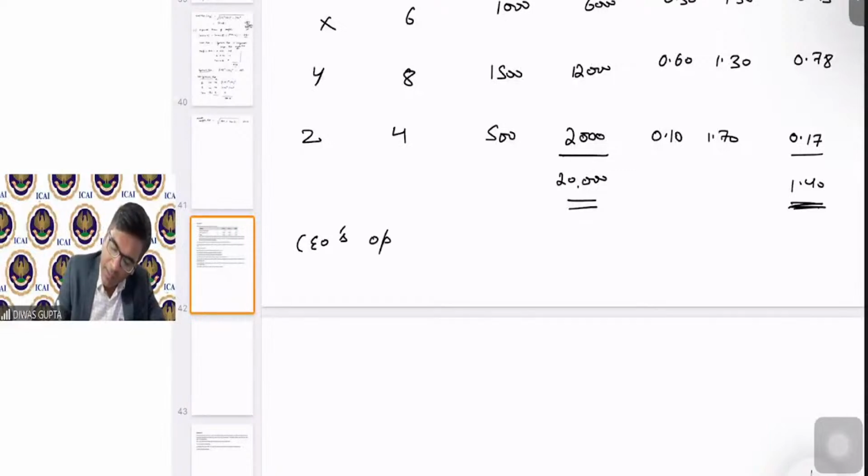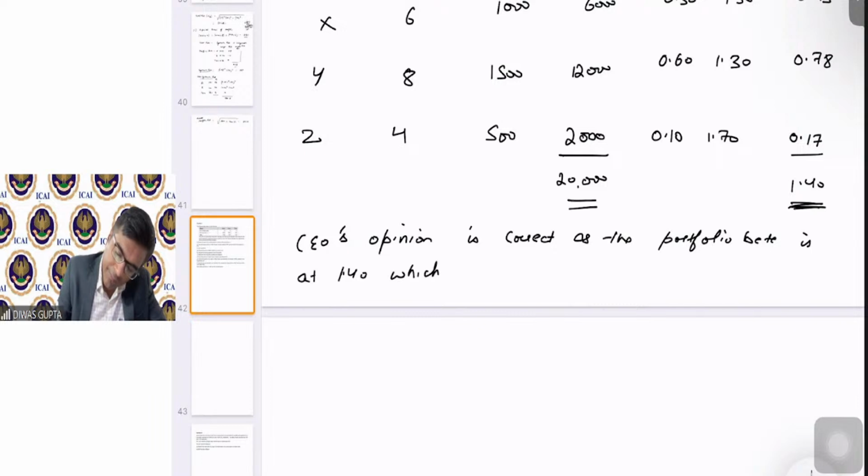CEO's opinion is correct as the portfolio beta is at 1.4, which is higher than market, and hence portfolio is at higher risk.